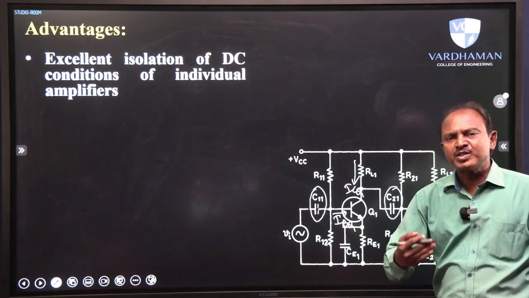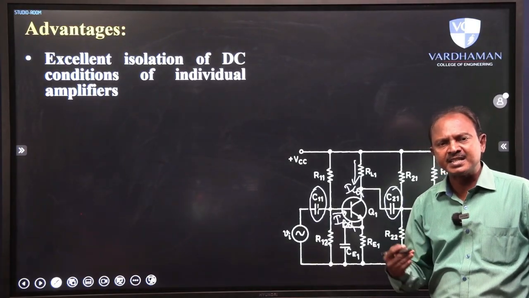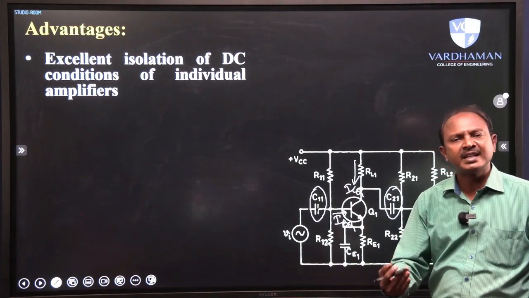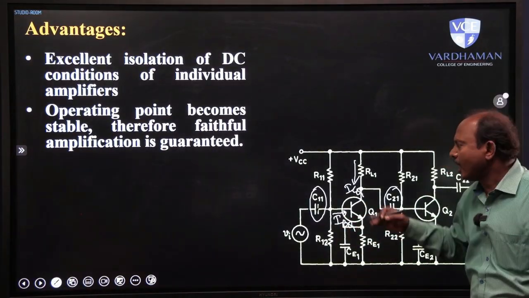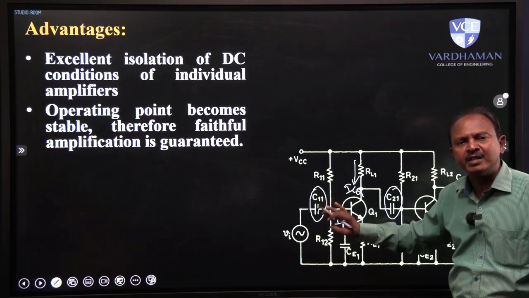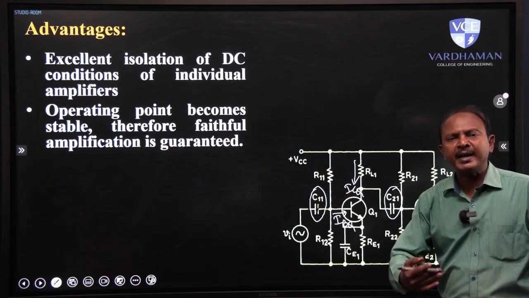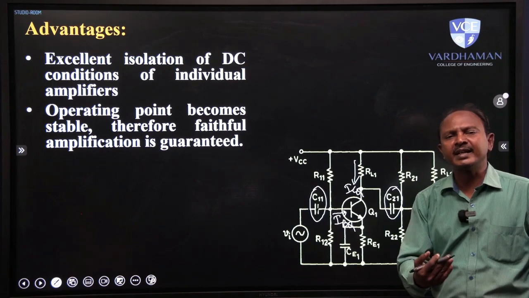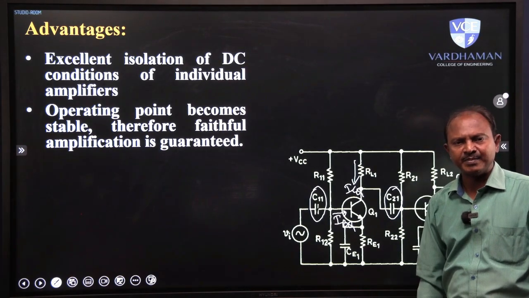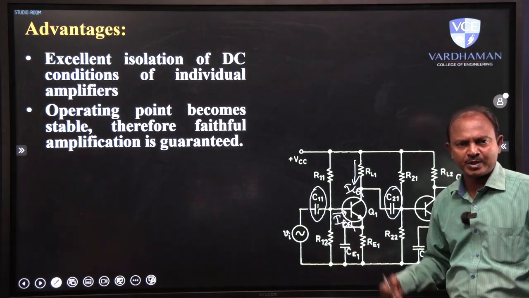If there is proper isolation of DC conditions among individual stages, what happens? The second advantage, an extended advantage, is that the operating point of each individual stage will be stable. If the operating point of each stage is stable, faithful amplification is automatically guaranteed. That is the advantage of this circuit.